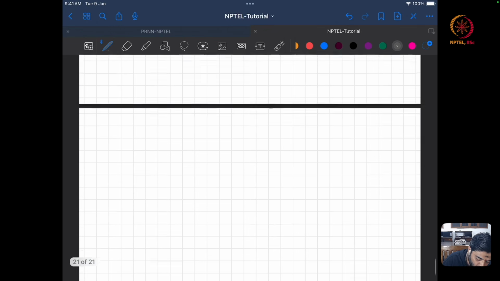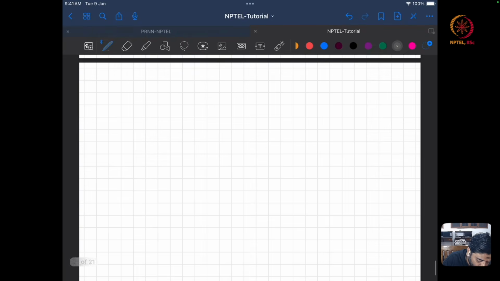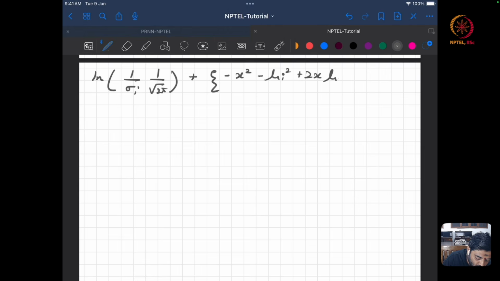Taking the log, this is ln of 1 over sigma i times 1 over square root of 2 pi, plus minus x square minus mu i square plus 2x mu i divided by 2 sigma i square.